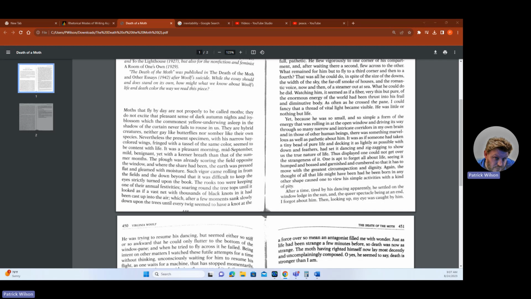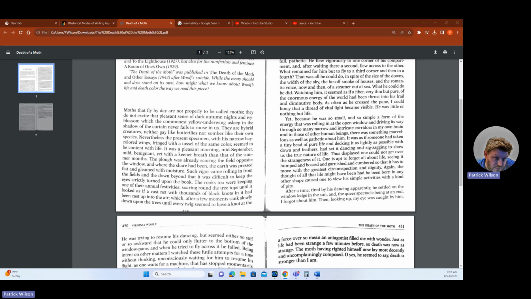Woolf's use of symbolism, particularly the moth, allows her to dive into profound philosophical questions. The moth becomes a vehicle through which Woolf examines the human desire for survival, the persistence of life in the face of adversity, and the poignant contrast between life's vitality and its ultimate end.